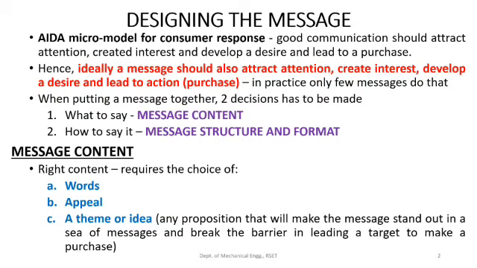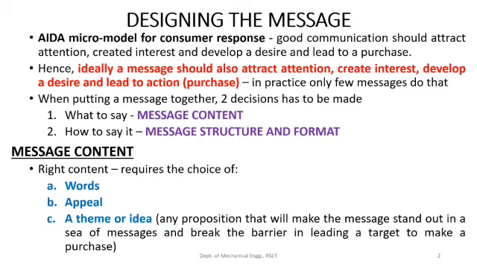So the message content, for it to be right, you are required to make three choices: the right choice of words, the right choice of appeal, and a right theme or idea. Okay, so a theme or idea is any proposition that will make the message stand out amongst other messages.